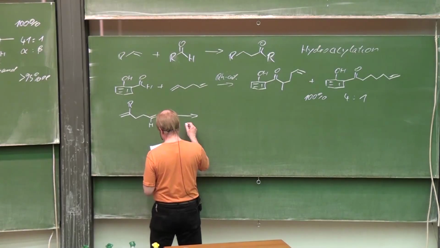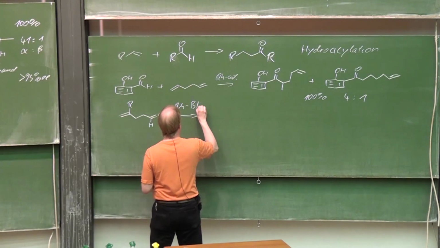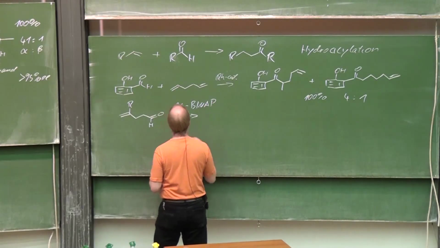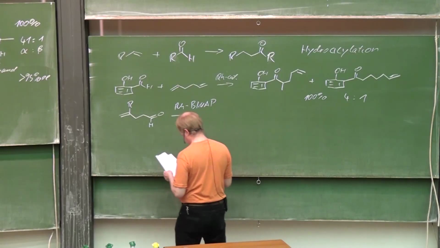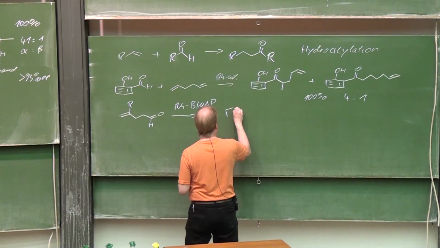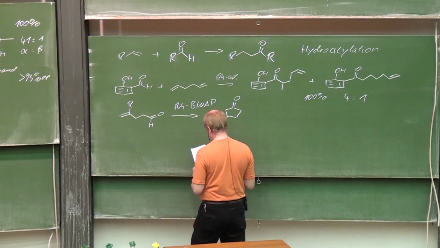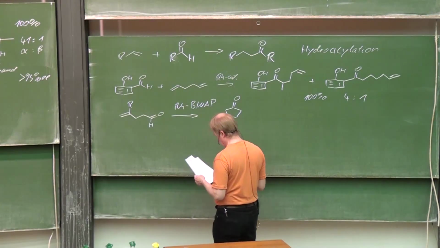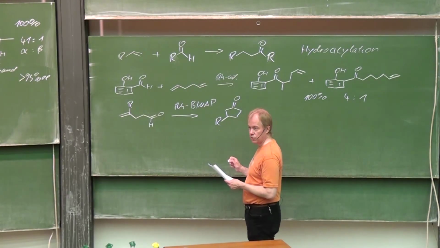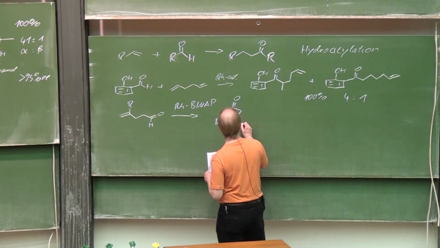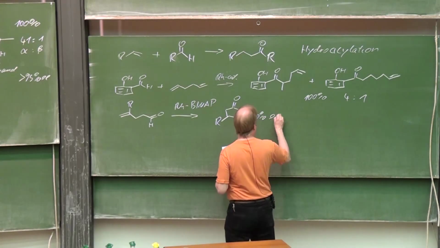So it is a rhodium catalyzed process which can be done enantioselectively, with a rhodium BINAP catalyst, producing chiral cyclopentanones with better than 90% EE.